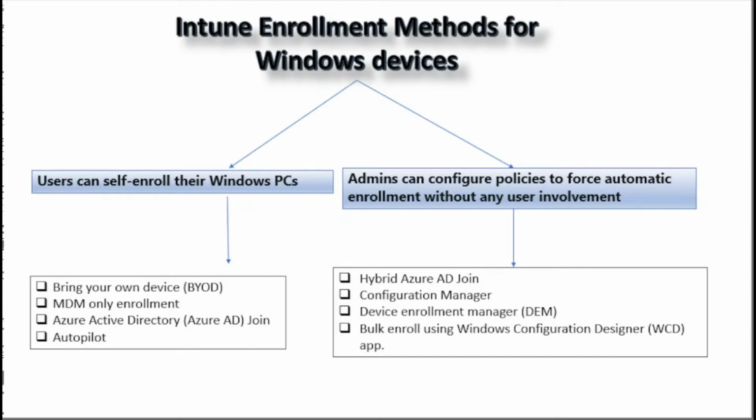We can also use a device enrollment method or a bulk enrollment method using the Windows Configuration Designer app to enroll bulk devices. Each method has its own use cases and capabilities, and based on the organizational requirement, we as admins need to select the best one which caters to our requirement.